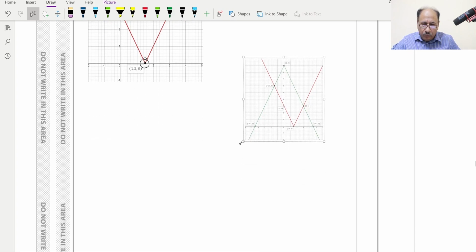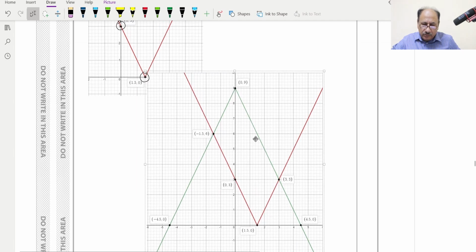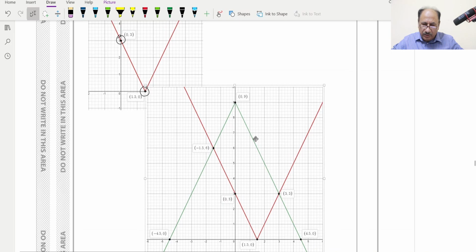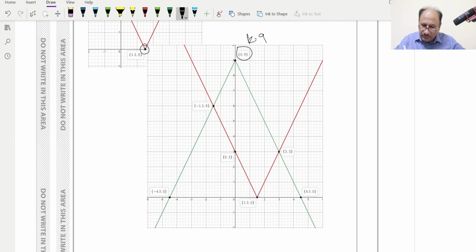If we plot both graphs on the same coordinate axis, we will get this. This is basically when we take the k value as 9. I have taken the k value as 9. So if you check, this is 4.5.